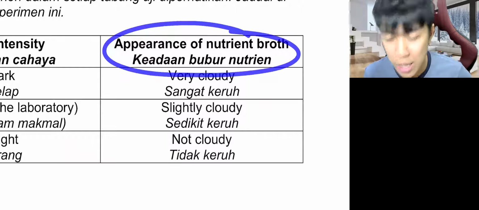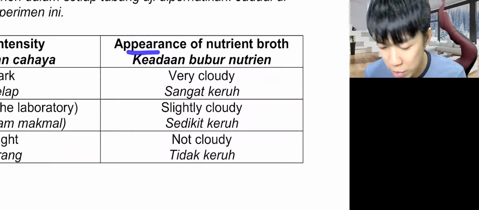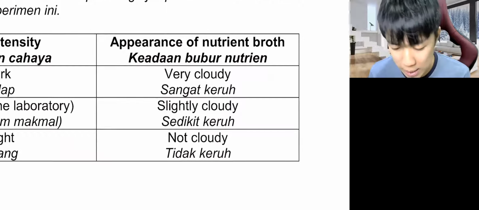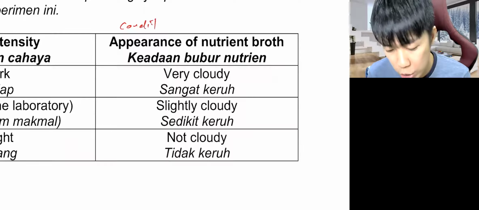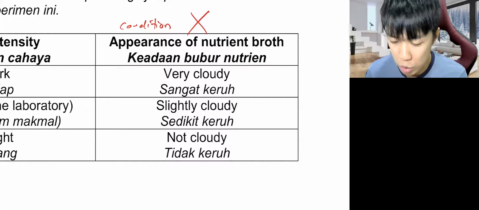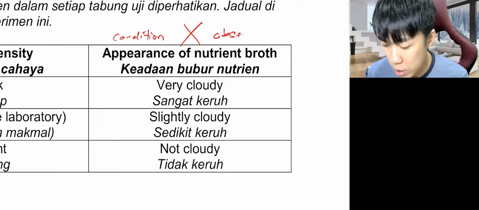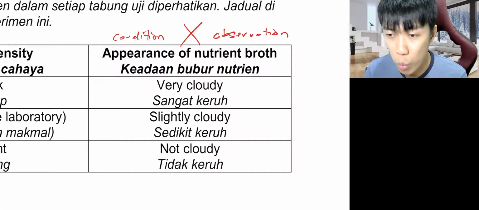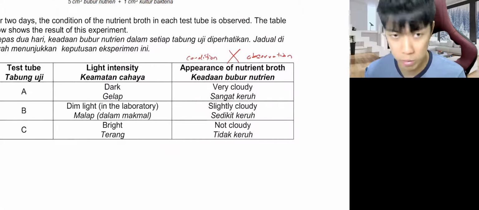It's a bit risky to write appearance of nutrient broth, because it is the same answer as condition of the nutrient broth, or observation of the nutrient broth. No, not acceptable. That's not specific. Let's be specific. Your result is cloudy or not cloudy.